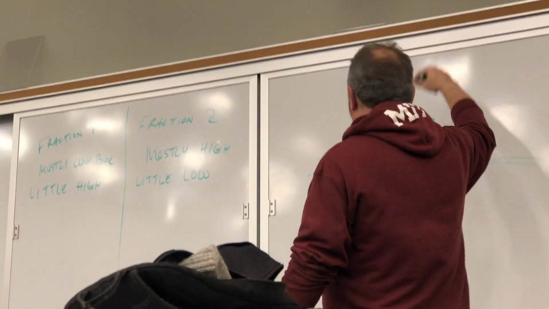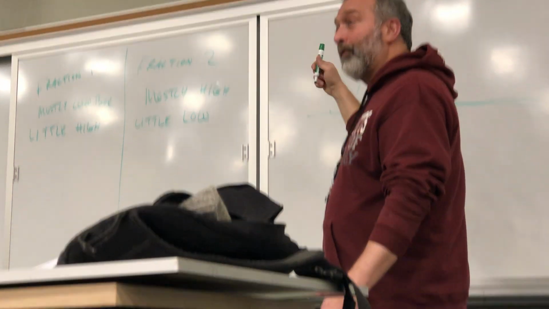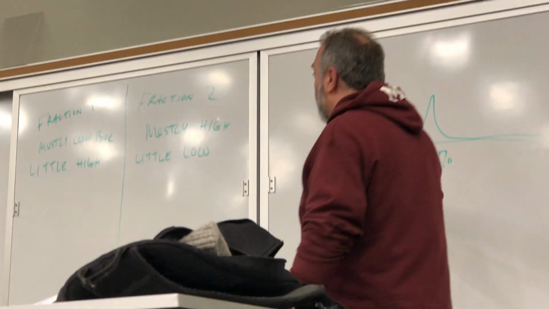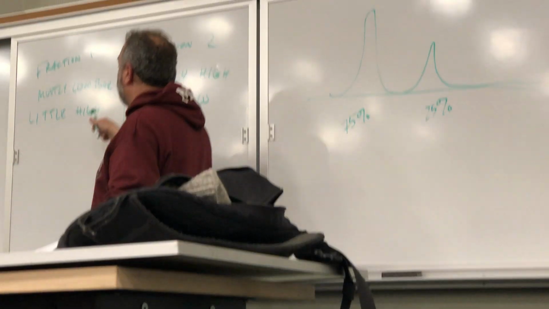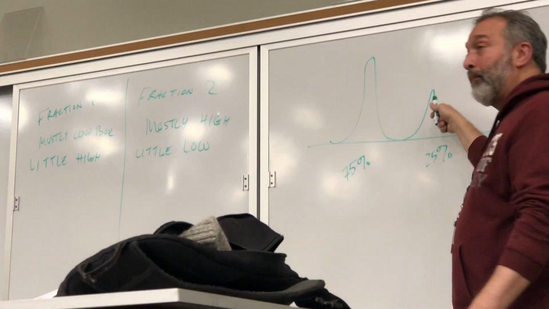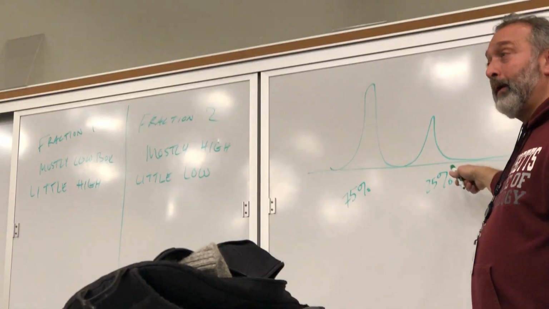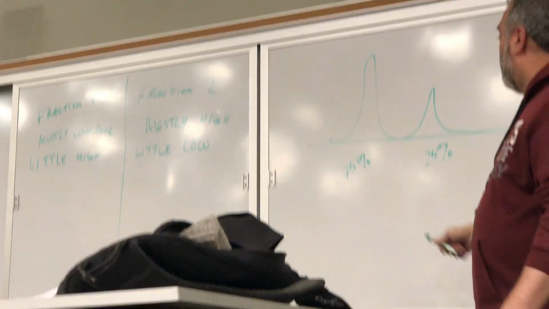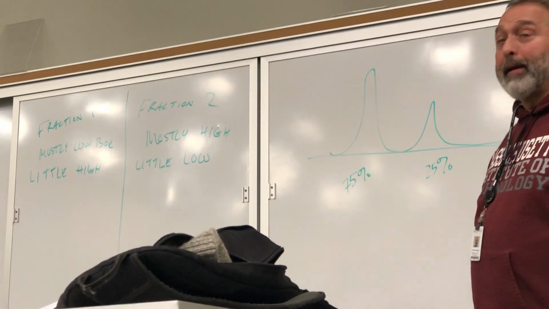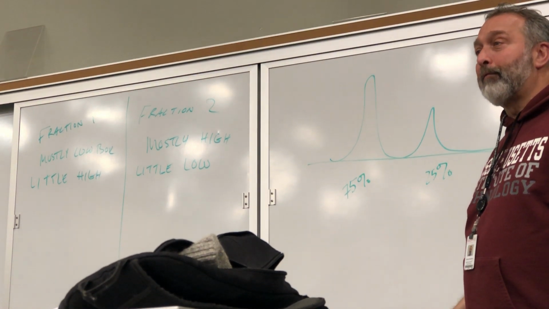So that means the big area is the lower boiling one, and it comes out of the column first. So that makes perfect sense. You know that fraction 1 has a little bit of the high boiling component. The higher boiling component comes out of the chromatogram second, and this is a little nubby 25%. So the gas chromatogram makes perfect sense from what you would expect the results to be from the fractional distillation.